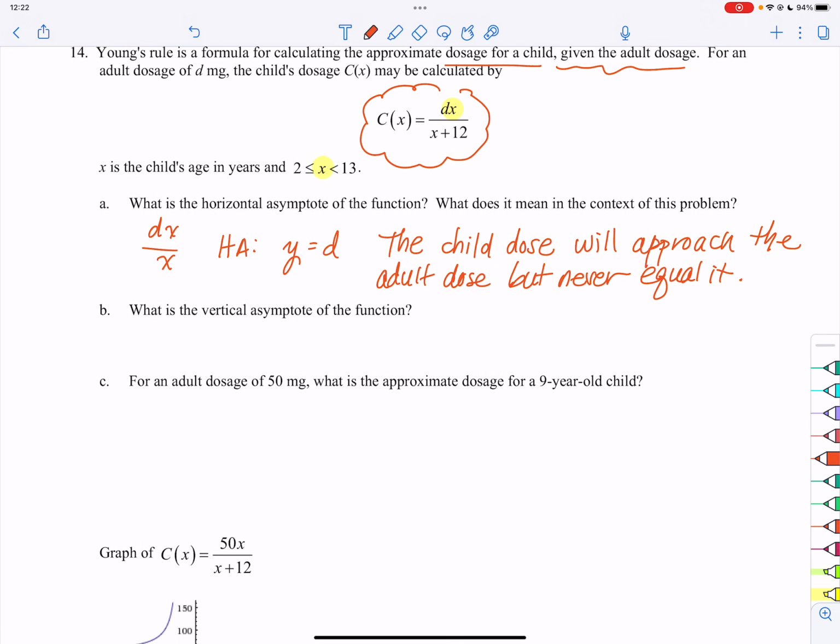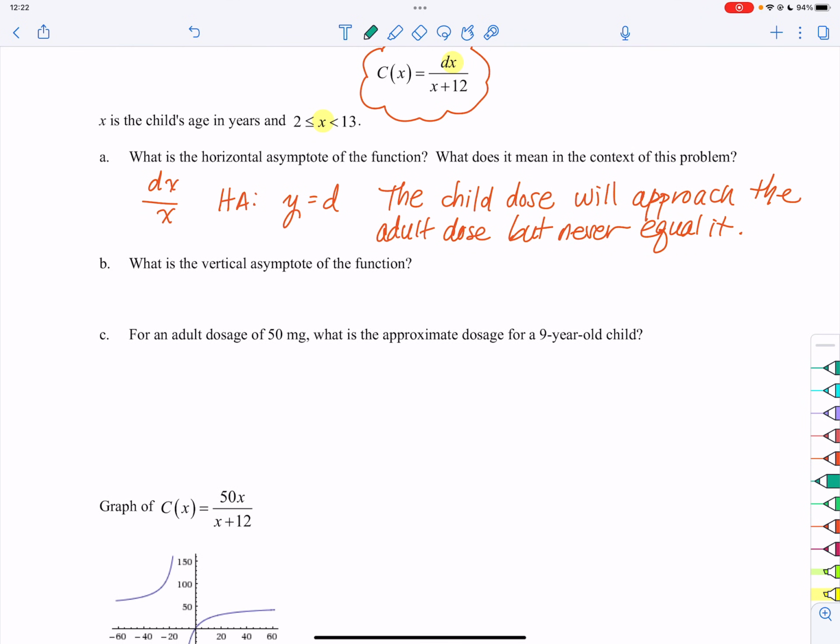Okay, and so what is the vertical asymptote of the function? Well, we'll take that denominator and set it equal to 0. So we have x is equal to -12.